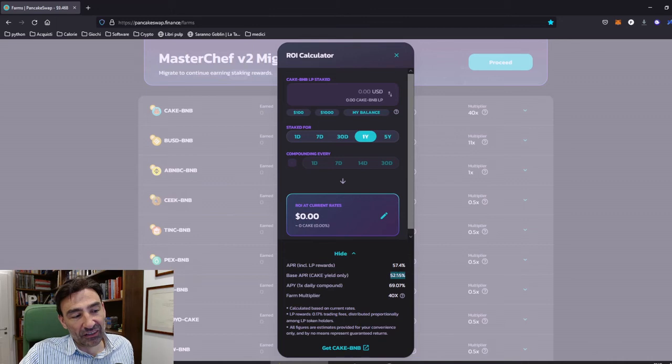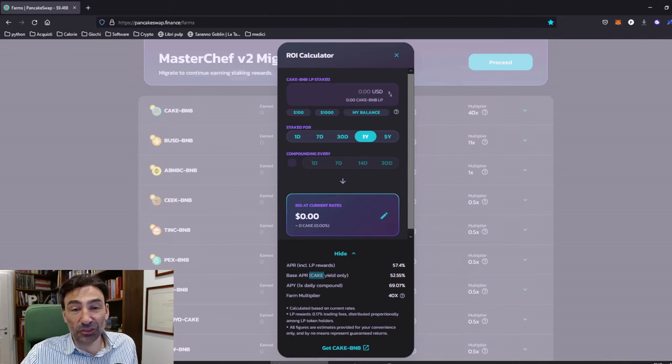So I have approximately 5% in liquidity rewards, from the fees, and I have an extra 52%, which is outrageous as an interest rate, just as a sign of appreciation that I provided liquidity to the smart contract. Okay, I will receive this extra 52% in Cake, which is not a very good cryptocurrency. People usually dump it, but it's still 52%.